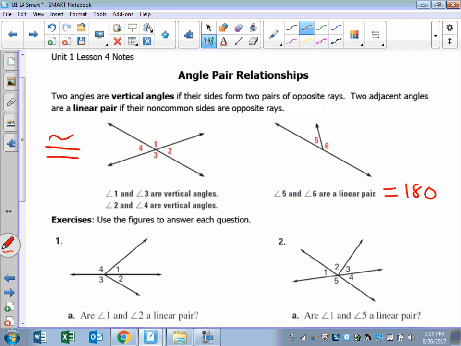So they are adjacent angles that are supplementary. Ran out of space there, so I'm just going to say supplementary. So they're equal to 180.